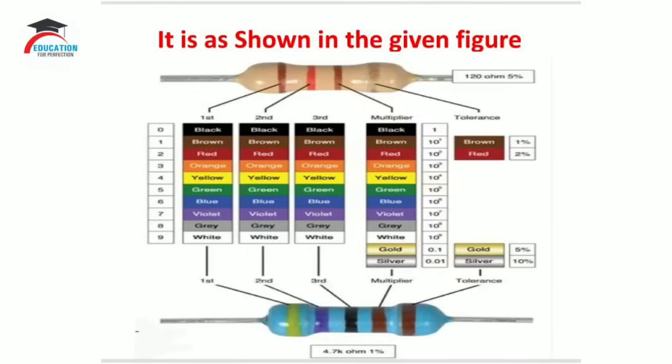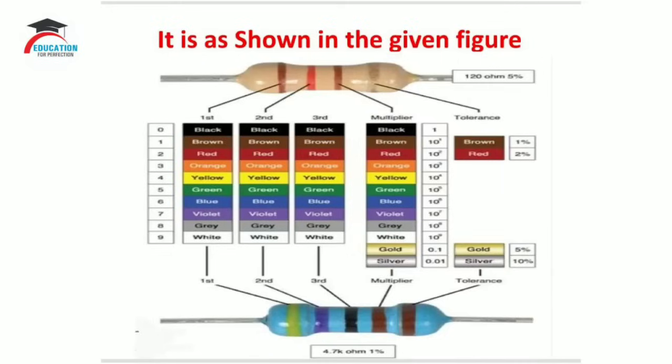That is, its multiplier value is 10. And for red, it is 10 to the power 2, meaning the multiplying factor will be 100. And for orange, it is 10 to the power 3, meaning the multiplying factor is 1000, and so on, friends.